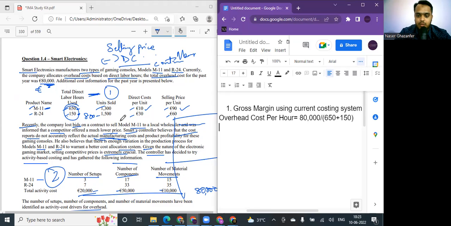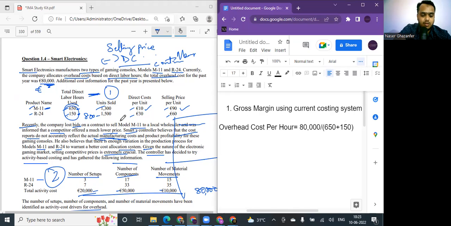And I'll put down here total direct labor hours. Just for you to understand, I'm doing it very slowly. Total direct labor hours is equal to 800.